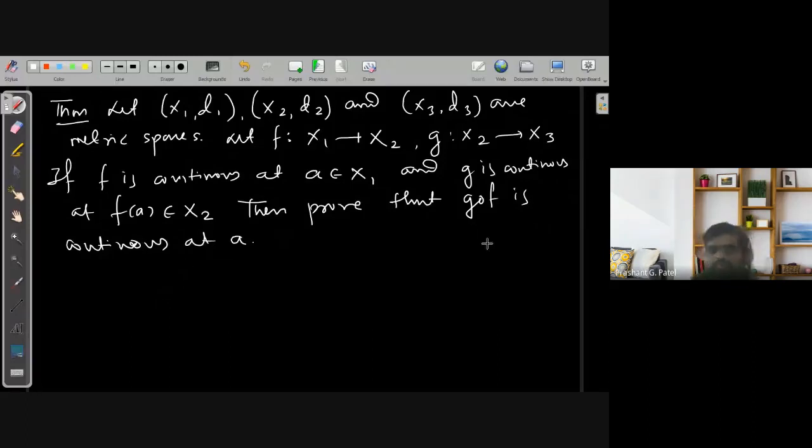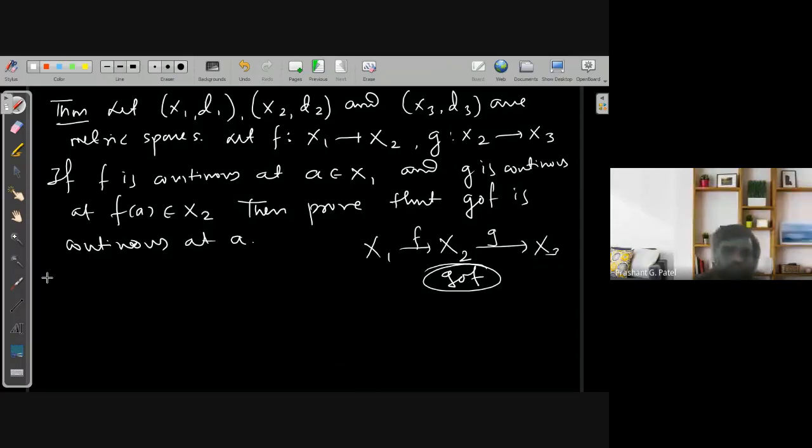Since f is from X1 to X2, and g is from X2 to X3, g o f is defined. So it says that the composition of two continuous functions is continuous.